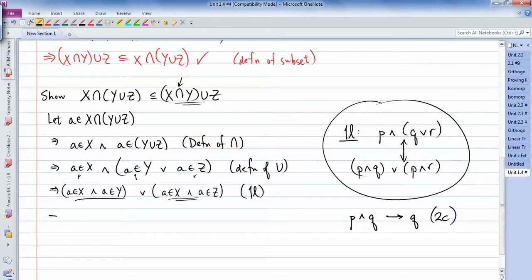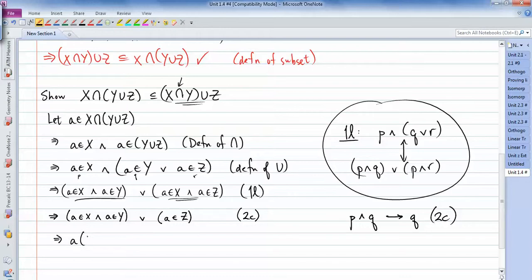So then this thing right here is going to turn into A as in X and A as in Y. Or A has to be in Z by the law of simplification 2C. So now I can combine some stuff.